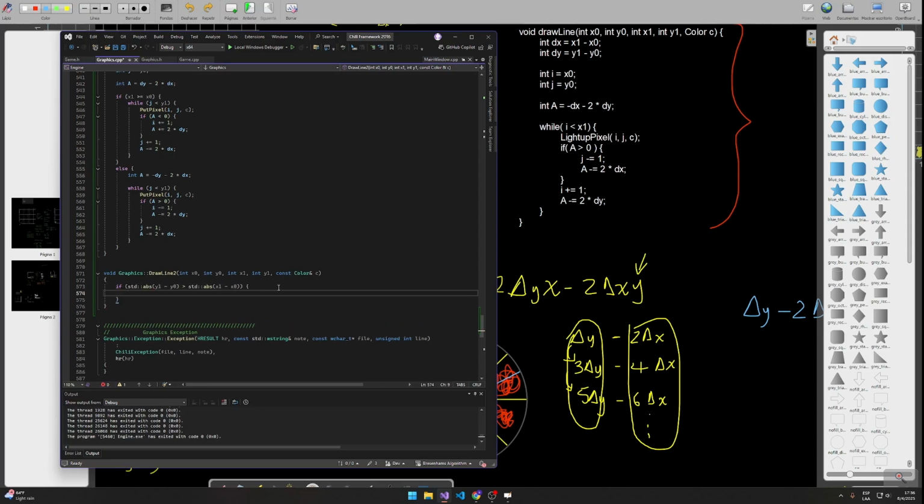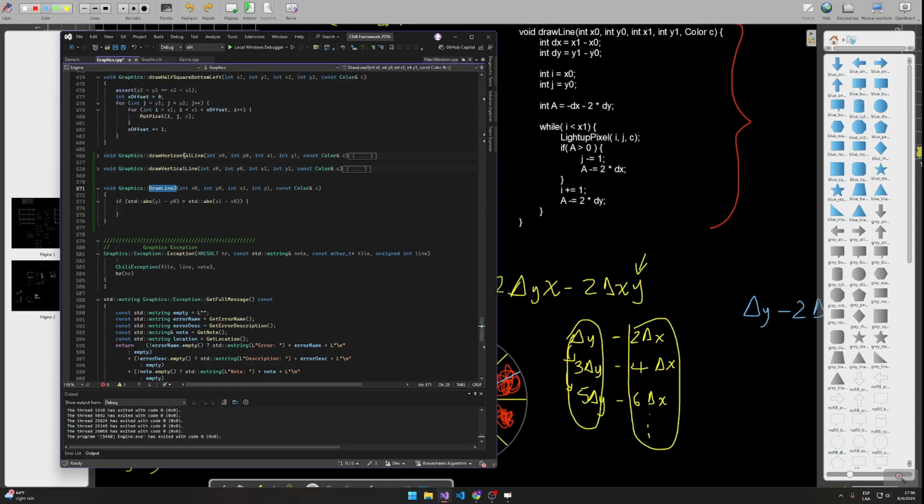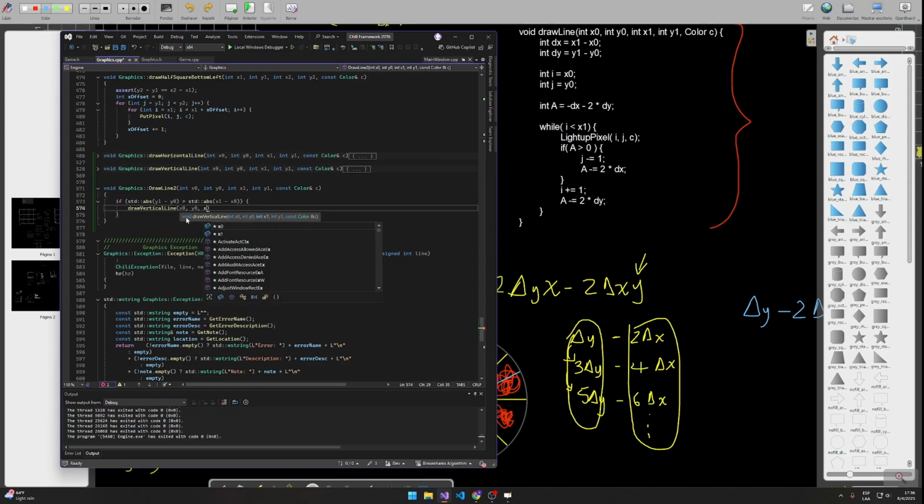And if this is the case, then I'm going to draw a vertical line, and I'm going to give it x0, y0, x1, y1, and the same color.